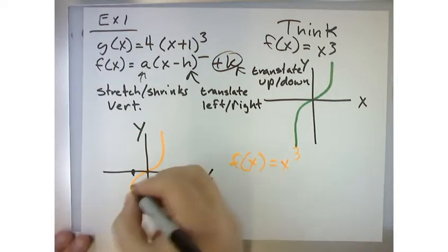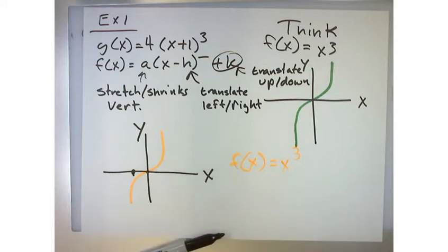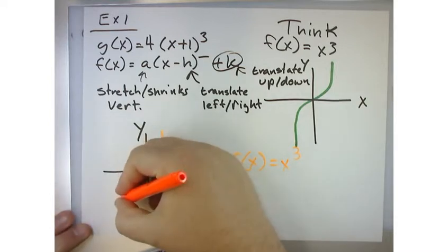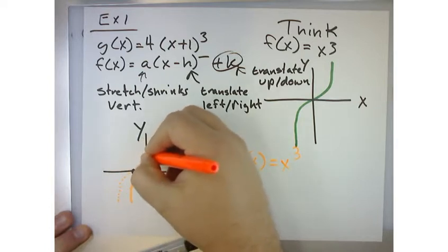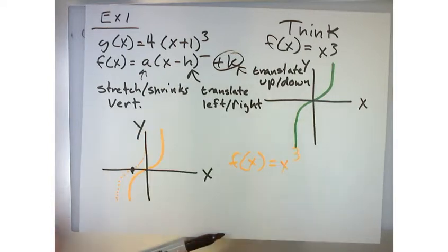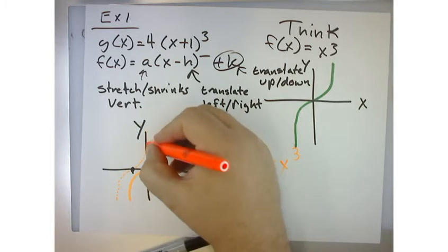Now in my mind I'm thinking, okay, so I'm going to horizontally shift f of x in a way that it looks like this, and maybe it'll come around here, I don't know, we'll see.